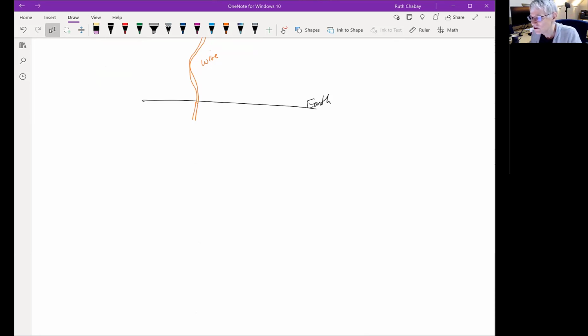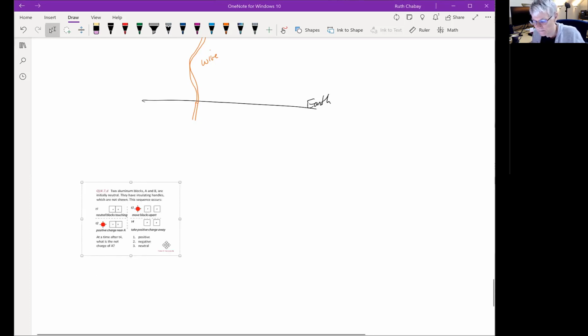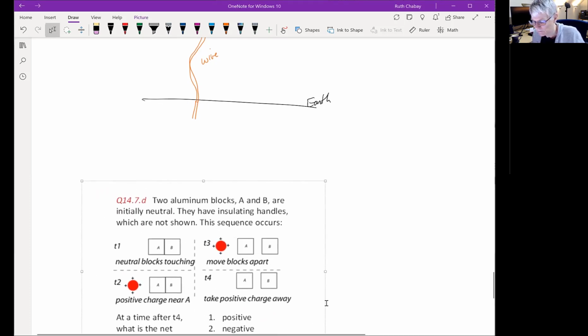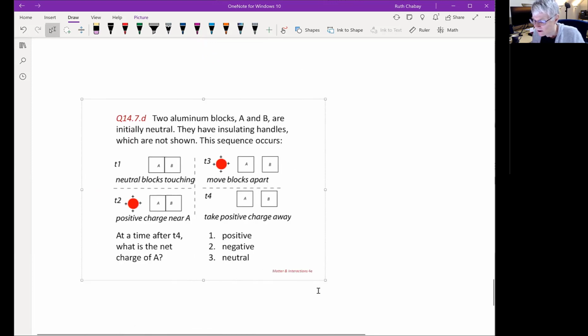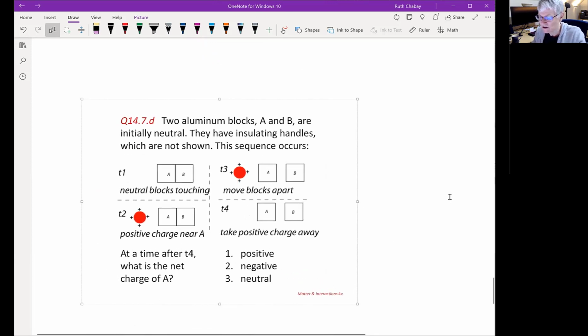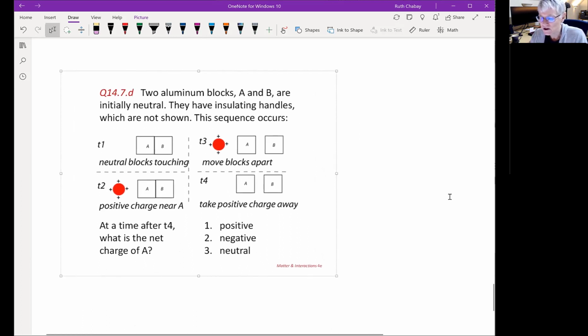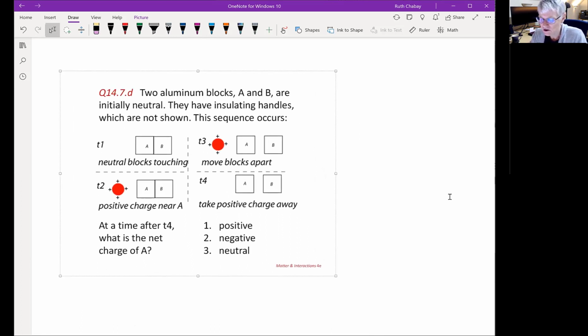There's another kind of charging that we'll talk about very quickly. This is called charging by induction. The basic idea is that we use polarization to make a charge. Initially, these frames go 1, 2, 3, 4.